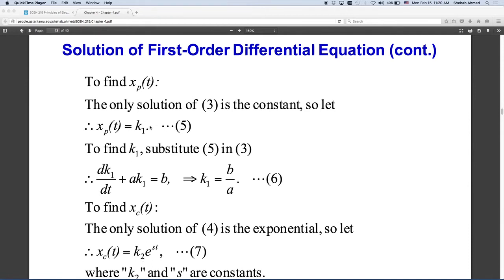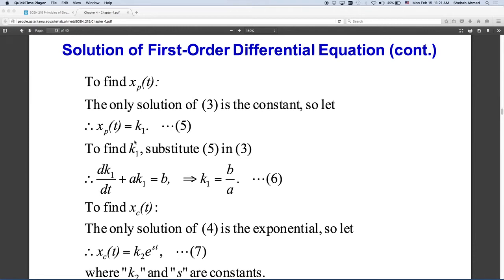So assuming that the particular solution adds nothing to the solution but a constant, we'll call x particular of t equal to a constant. We'll assume that, and we'll figure out what k1 is equal to, and then plug it into the general solution, and then use the initial condition to see if we have satisfied everything.